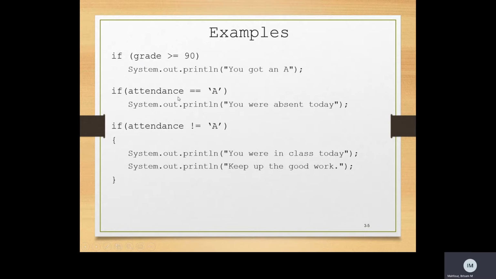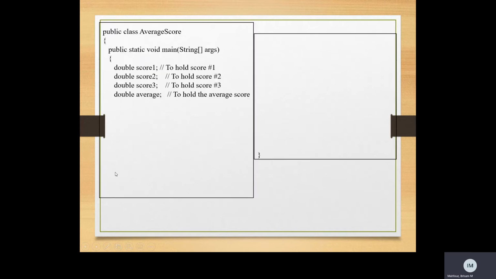So here, since I'm comparing this attendance variable to the letter A, that means it's a char variable. And double equal is asking if they're equal. I could also say if they're not equal. So here, if their attendance is not equal to A, I will say you are in class today, keep up the good work. So here, because I want to do more than one thing, I put them in between the curly braces.